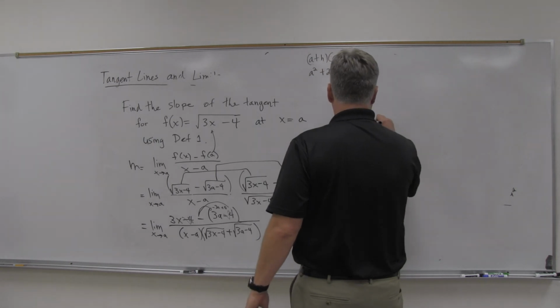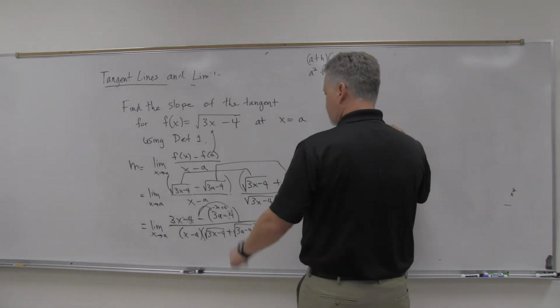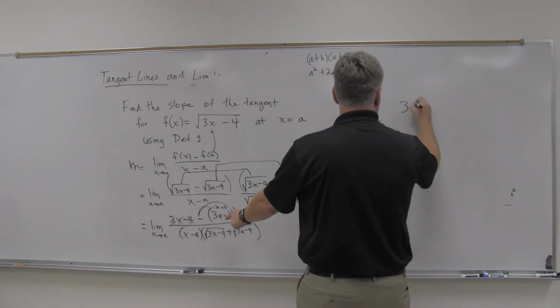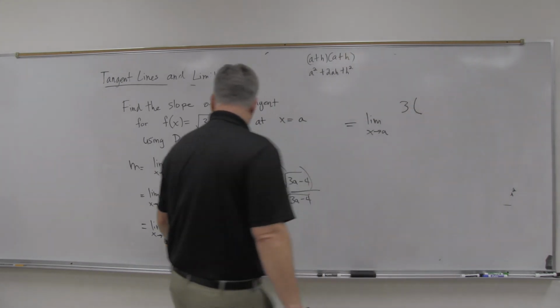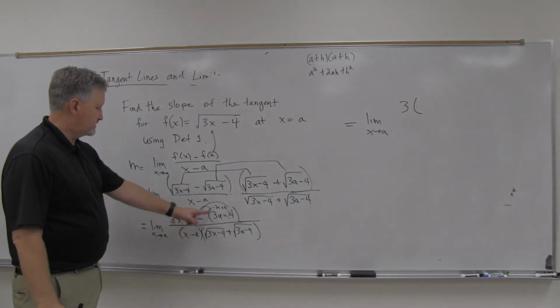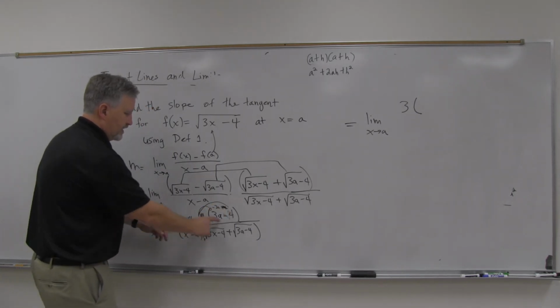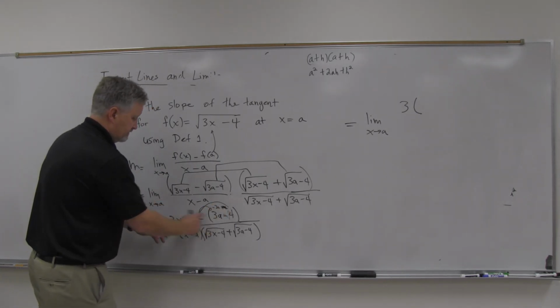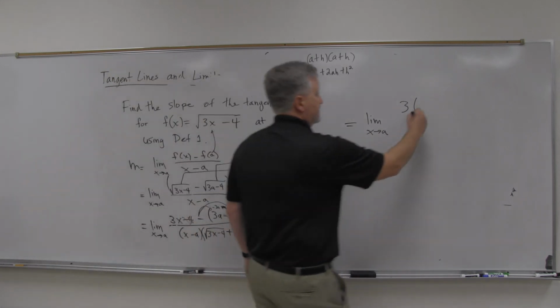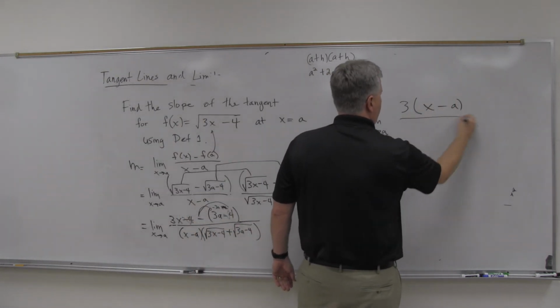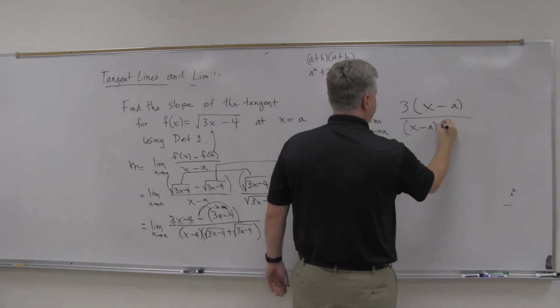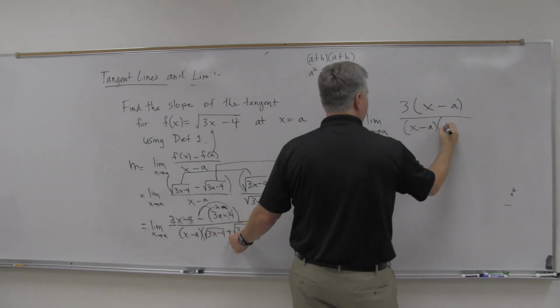So that's the limit as x approaches a of, factoring off a 3, 3 times x minus a on top, 4's are gone. That goes really nicely with what's on the bottom.